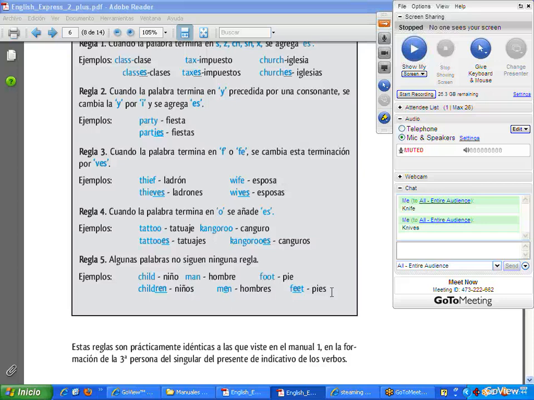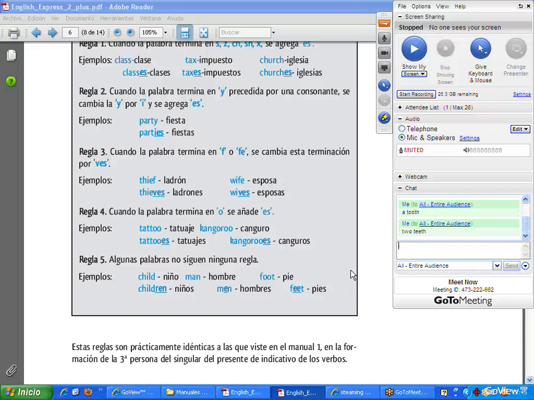Shall I write that for you? A tooth, but two teeth. Okay, these are irregular nouns, and you have to learn them. You have to learn them individually.